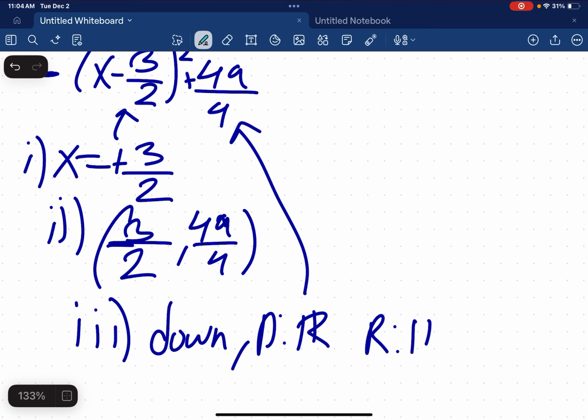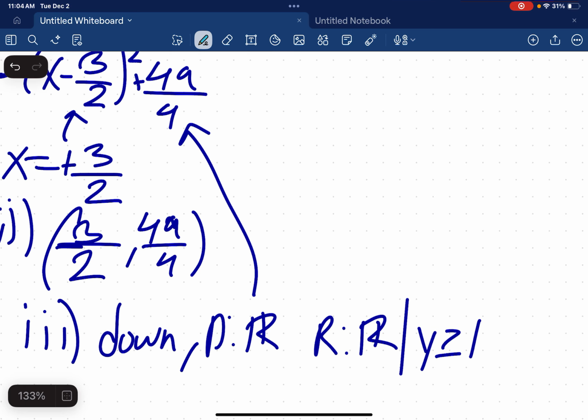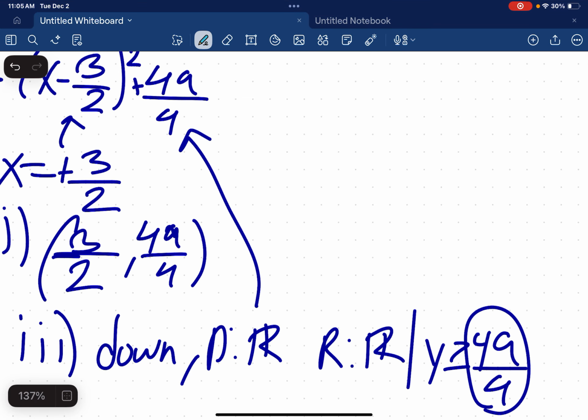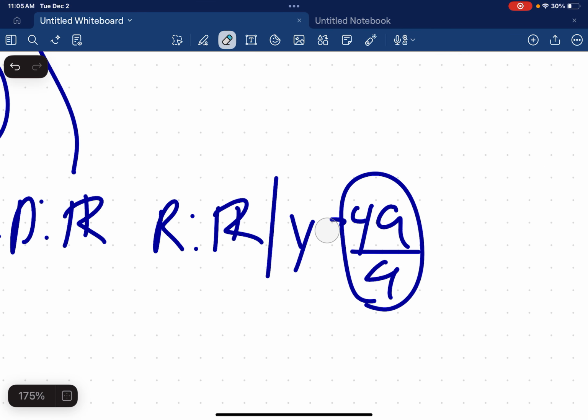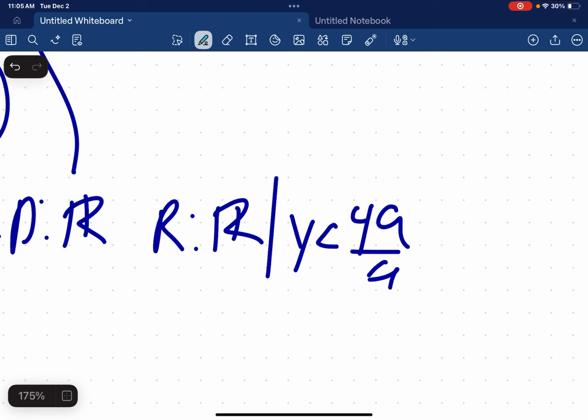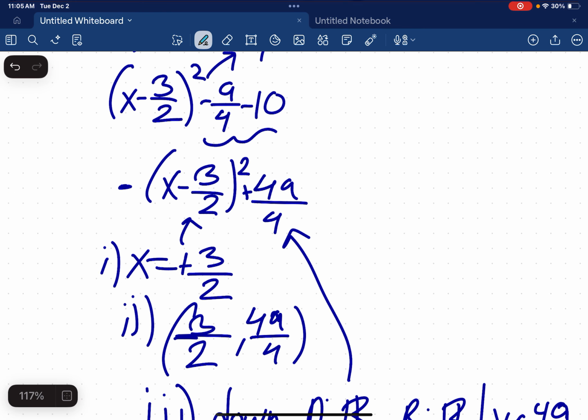So it's going to be all real numbers such that y is greater than or equal to 49 divided by 4. Whoa, almost just made a mistake there. It's going to be less than 49 divided by 4 since there is a negative out here.